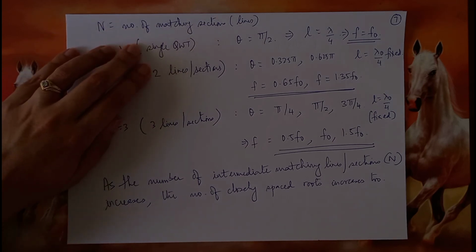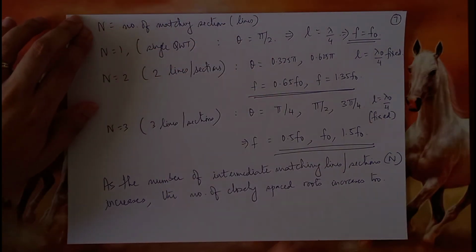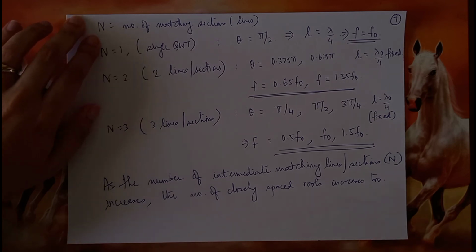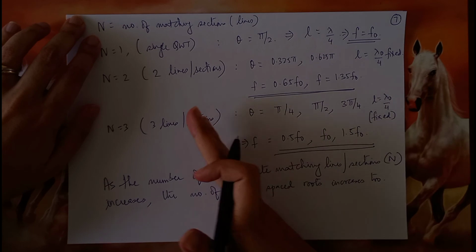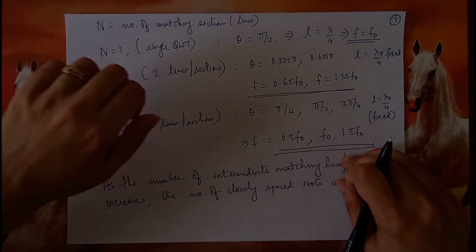So the number of sections that you have, the number of roots you're going to have. So therefore, if you want more bandwidth, you have to increase the number of intermediate sections.